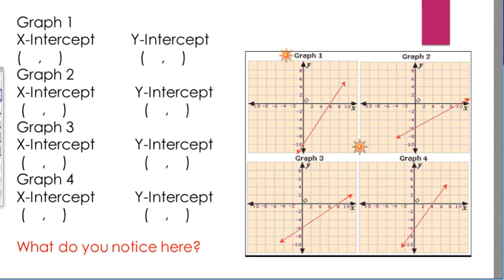Graph number 1. Right here is our x-axis, and we can see that the line for graph 1 crosses through the x-axis at the point 6, 0. So the x-intercept of graph 1 is 6, 0. We can see that the y-intercept, so here's our y-axis, for graph 1 is 0, negative 10.